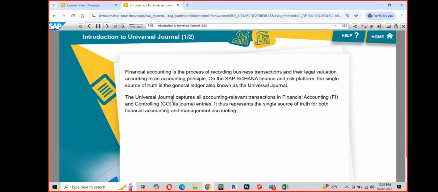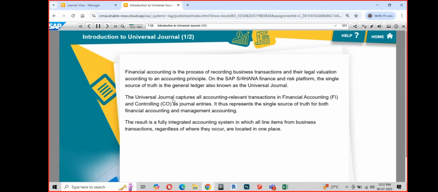Now, the non-leading ledgers, I said, are need-based. And what did I say? Your SAP system can have only one leading ledger. It can have n number of non-leading ledgers, but only one leading ledger.